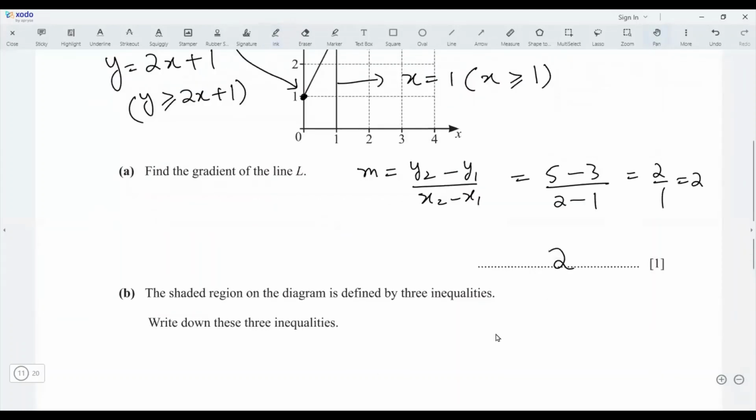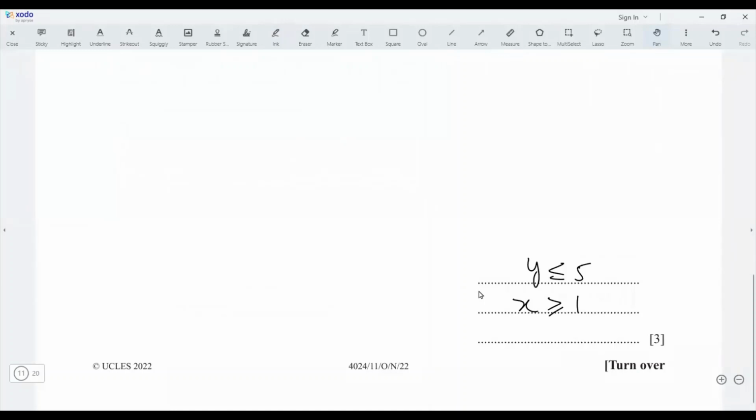The last one is y is greater than or equals to 2x plus 1. So you will get all of 3 marks if you have written down all of these inequalities correctly. If any mistake is being done here, you will be losing some kind of marks.